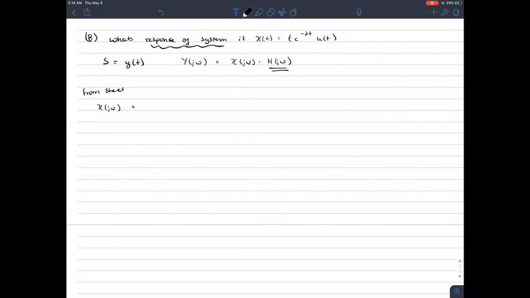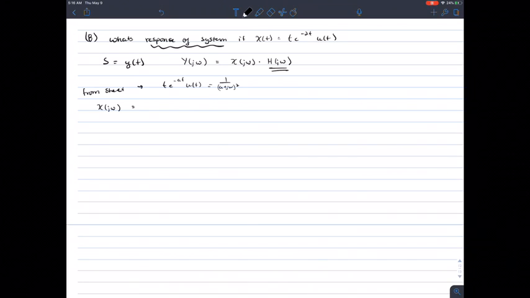So we know that from the sheet, t e to the negative at u of t is going to be equal to 1 over a plus j omega squared. So let's apply that to this, okay?